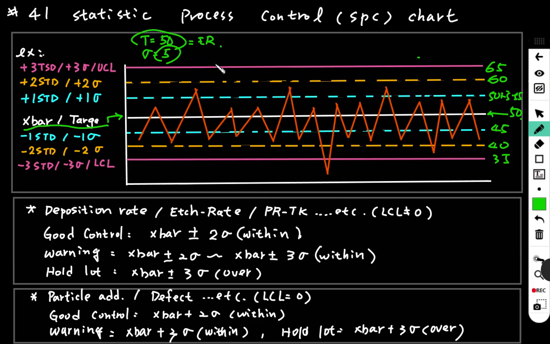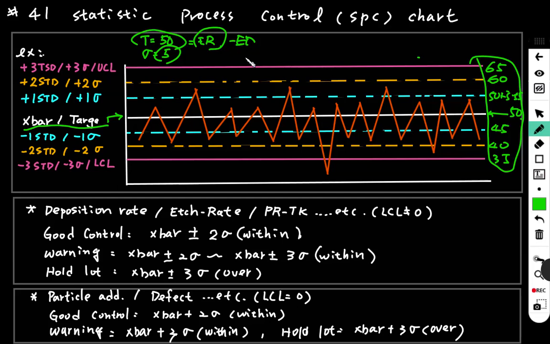So if we have the target for the etching rate at 50 and the sigma after calculation equals 5, we have these values fit the SPC chart.